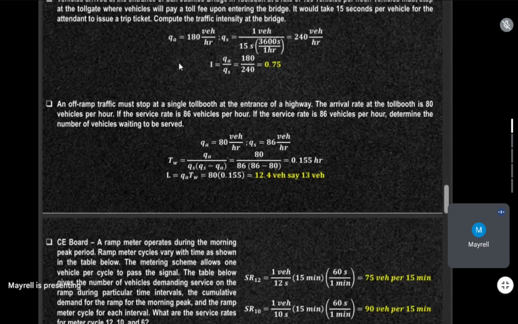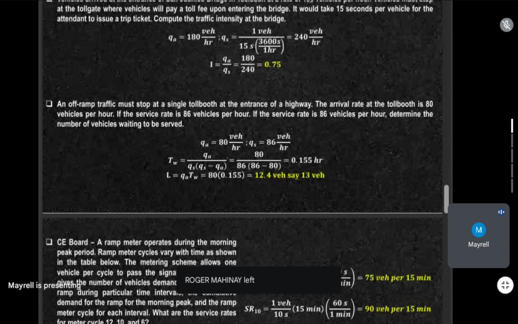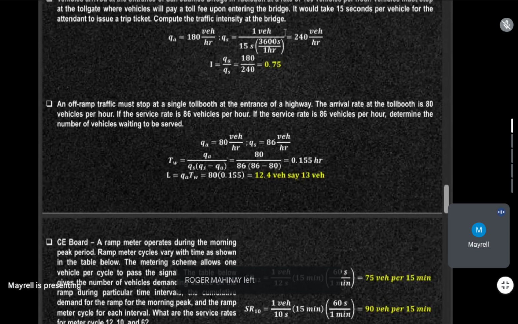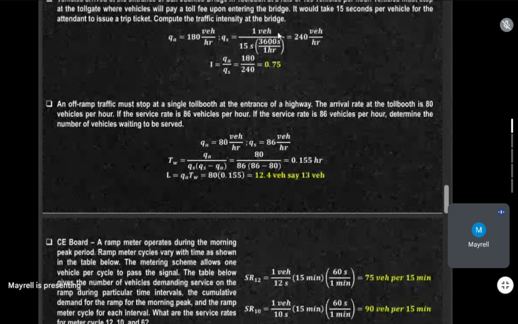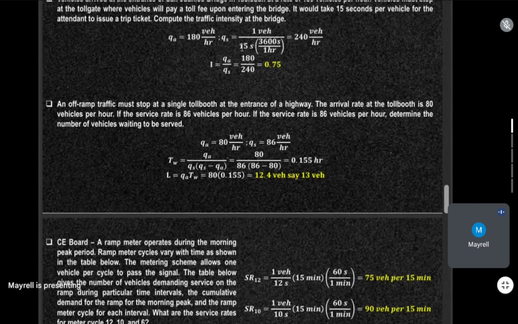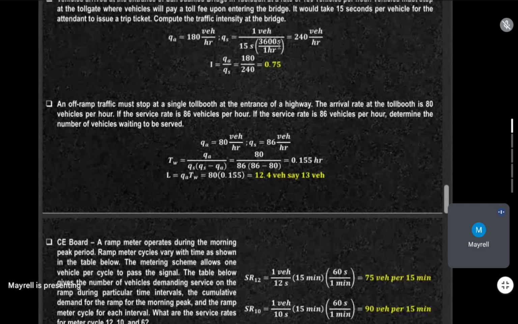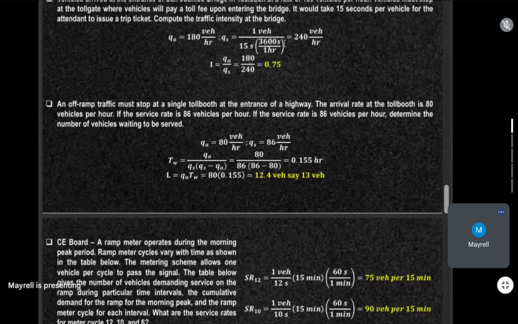The QA, arrival rate, is 180 vehicles per hour. QS, service rate: the toll booth can serve one vehicle in 15 seconds. To make it per hour, 3,600 seconds over 1 hour, you have 240 vehicles per hour.